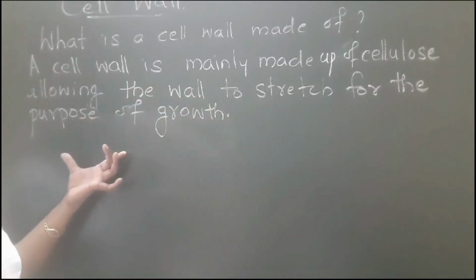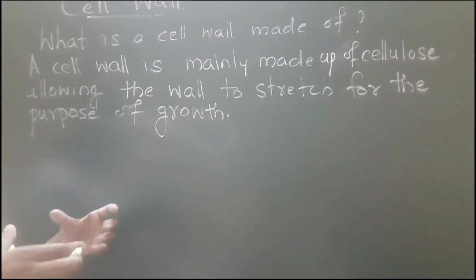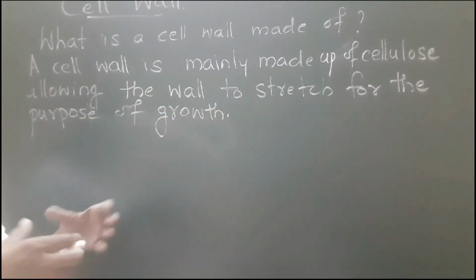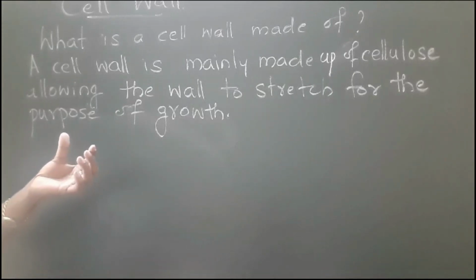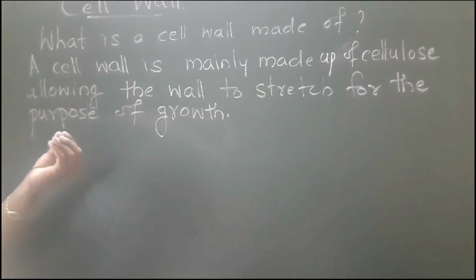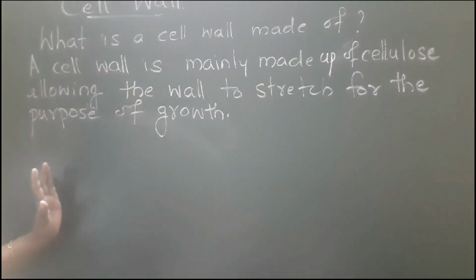As the plant grows, the cell wall stretches. Then only the stem, the whole plant, can grow. The plant is made of cells, and the cell wall is found only in plant cells.